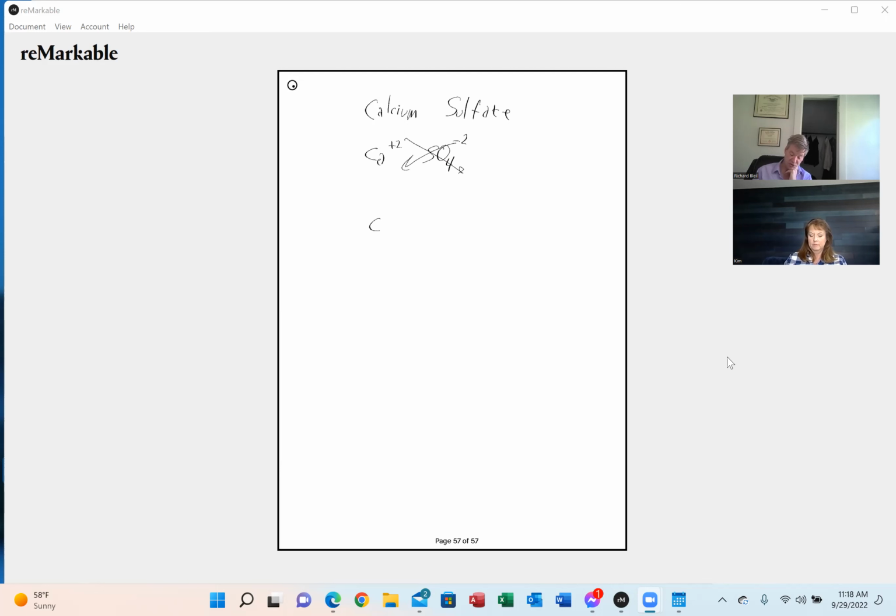So we're going to do the same cross trick. Is that the correct formula? What do you see there? Don't we have a common denominator?